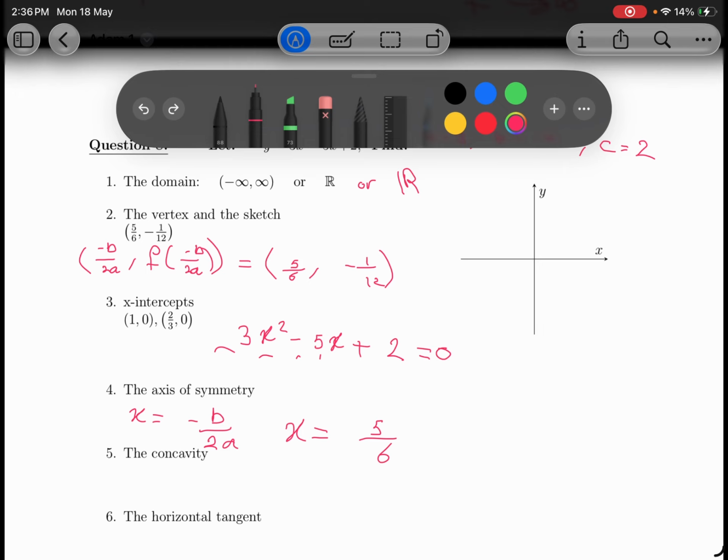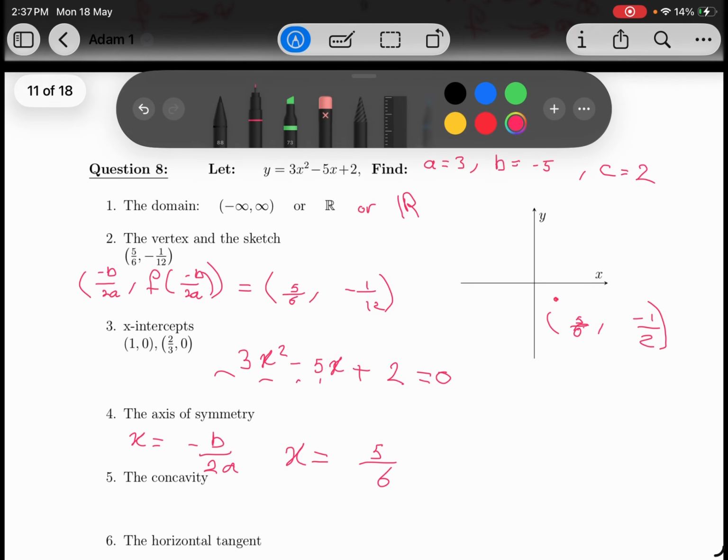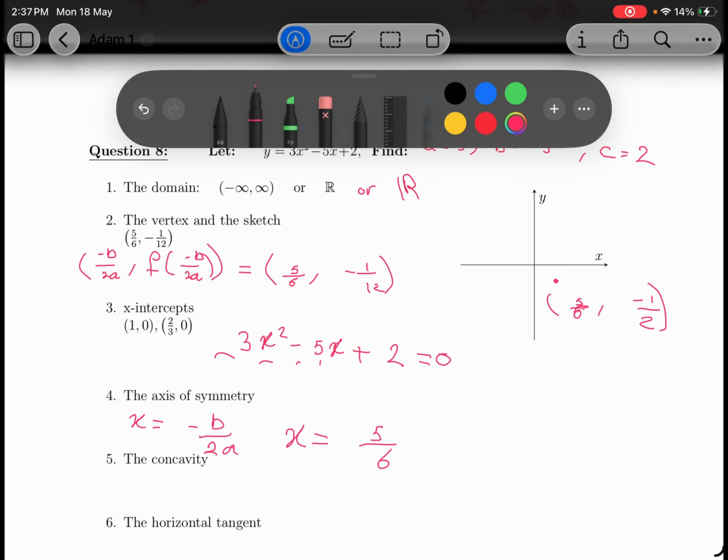I will assume that this is the vertex, which is 5/6 along with minus 1/12. So this is in the fourth quadrant, as you know, guys. Somehow, students, it will be like this. This is the vertex, so this is fine. This will guide me to find the properties of this parabola.